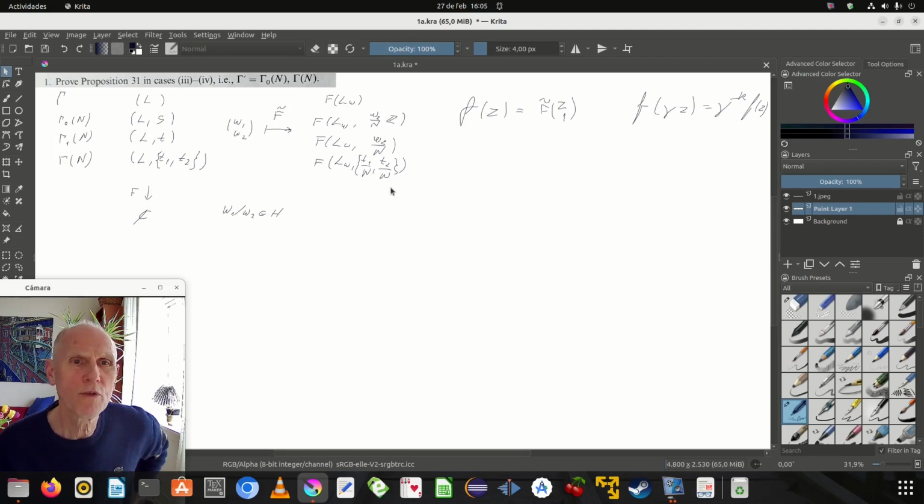So first, to prove it, there are various small things. First, if we exchange omega 1 and omega 2, then we get the same lattice.